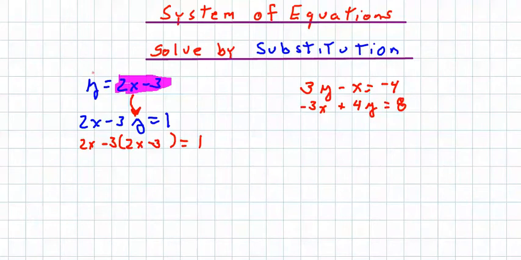Yesterday, I had all my equations solved for either x or y, all by itself. Today, we see that's not the case. We don't have any equation that is solved for a particular variable.